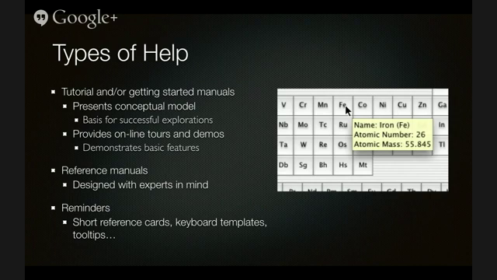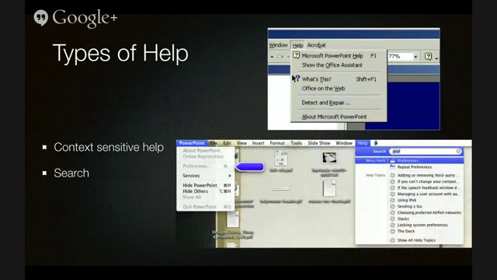Reference manuals are usually geared more at experts than at day-to-day users. Nobody reads the freaking manual. And then short reference cards, tutorials, reminders, tooltips, things like that are other ways of communicating help to the user. So context-sensitive help and search, very clever.